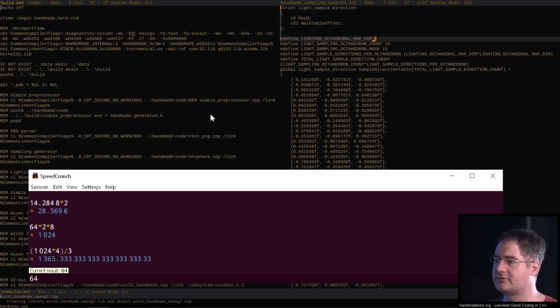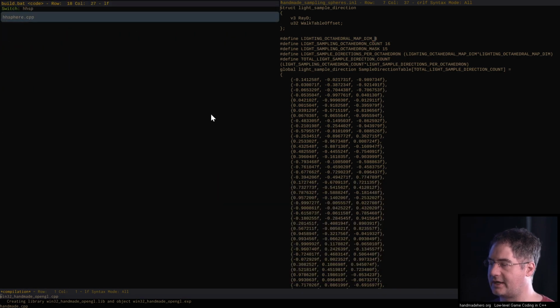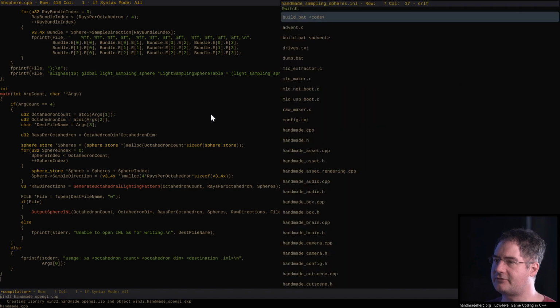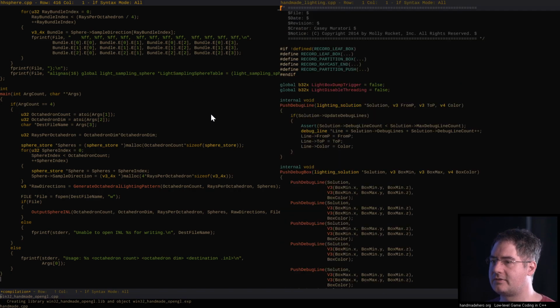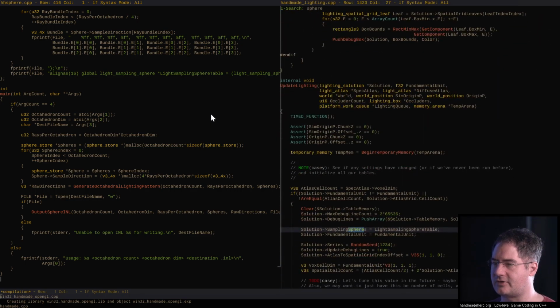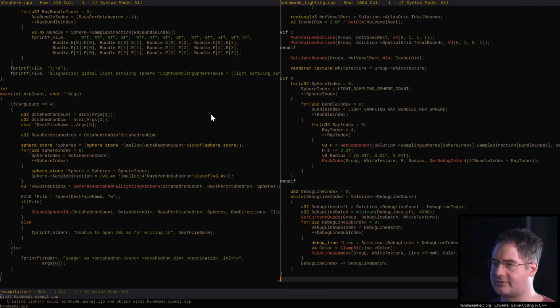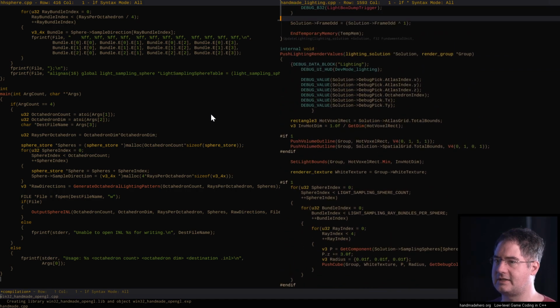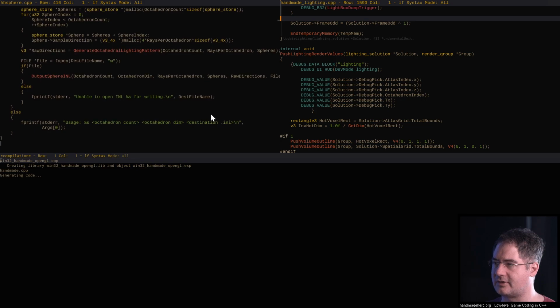So let's take a look at HH Sphere, and let's try to rewrite it to something else. Let's also get it so that we can draw it. If we look inside Handmade lighting, there's this sphere drawing thing that we have here. This thing draws a sphere, so what we could do is try to get that working in some way where we can see the light values here.